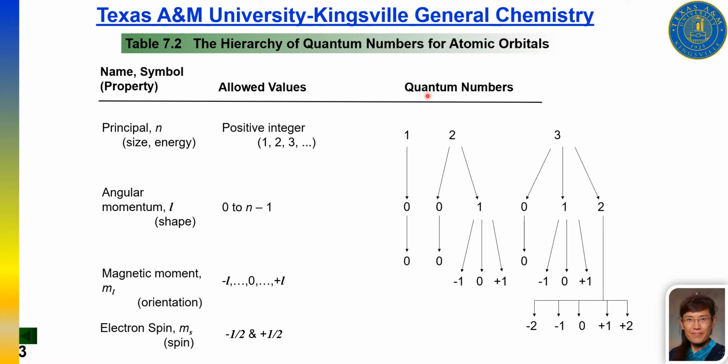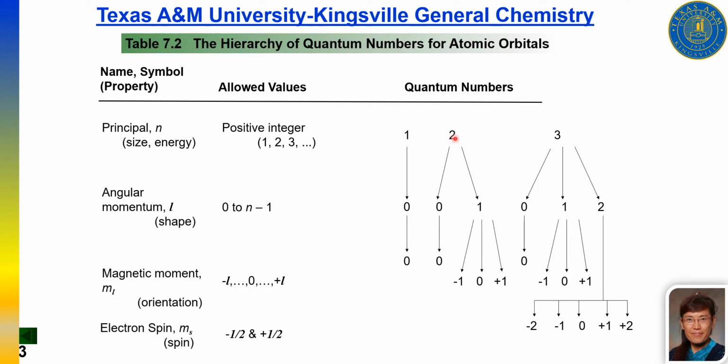So let's work out the quantum number determination. Your n, always remember, must be a positive integer. If n is 1, your angular momentum quantum number can be only 1 minus 1, meaning 0. If your l is 0, your ml can be only 0. In this case, this orbital is called 1s, and you only have one orientation for your 1s.